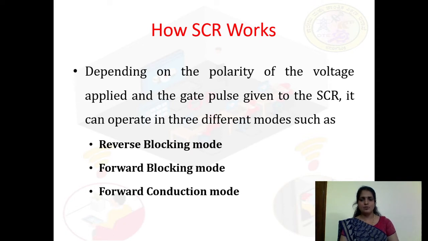In the second mode, called forward blocking mode, we apply positive polarity to the anode and negative polarity to the cathode, and the gate is kept open. Operation under this polarity, positive to anode and negative to cathode, is a forward blocking mode, and the third mode is called the forward conduction mode.